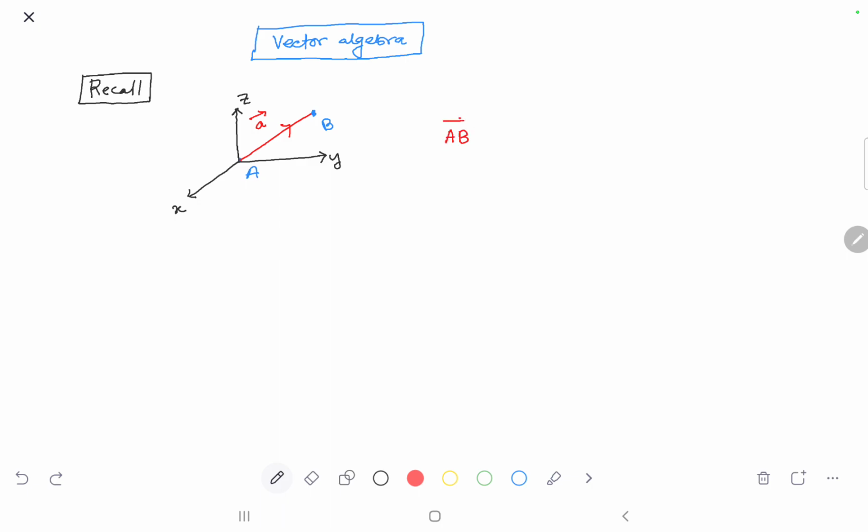It starts from A and ends at the point B. If the point B has coordinates a, b, c, then the vector equals a, b, c. These are the components.